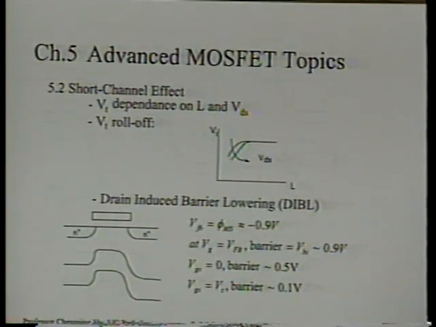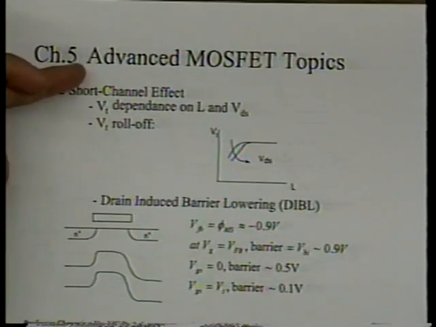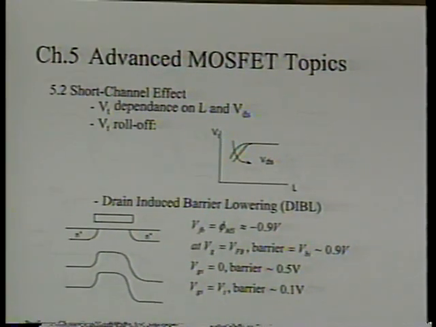We have just finished chapter 4. We start chapter 5, and I'll just introduce it. Chapter 5 is the most important chapter of this course, and this may not be the title the textbook uses, but I'll interpret it this way. It's really just a series of advanced MOSFET topics. And 5.2, to begin with, talks about short channel effect.